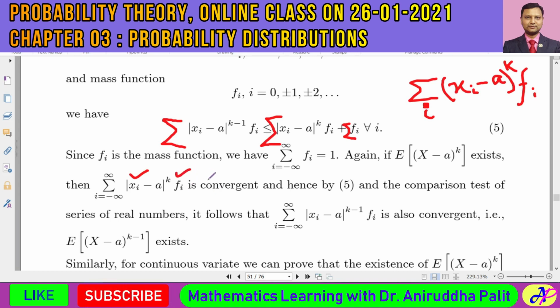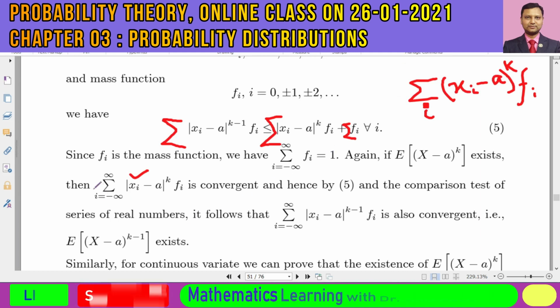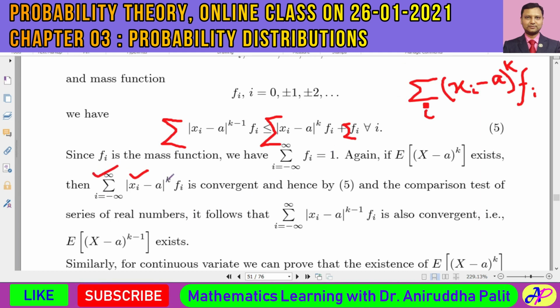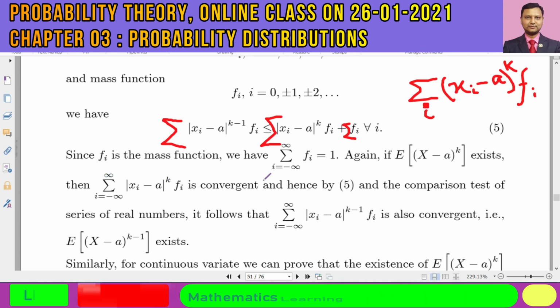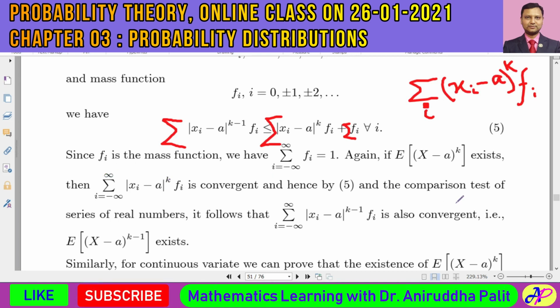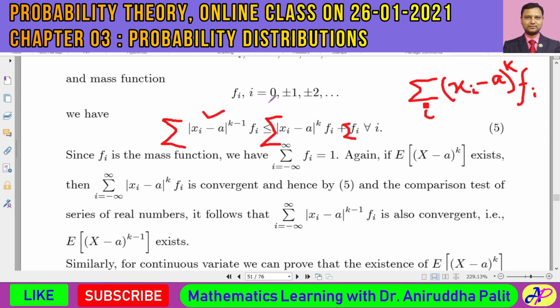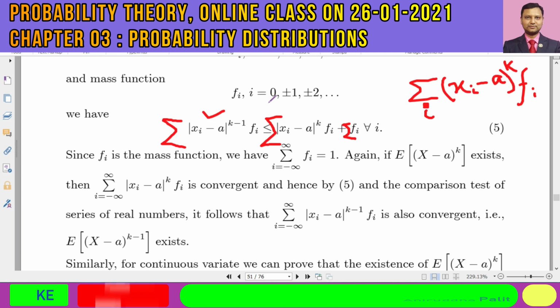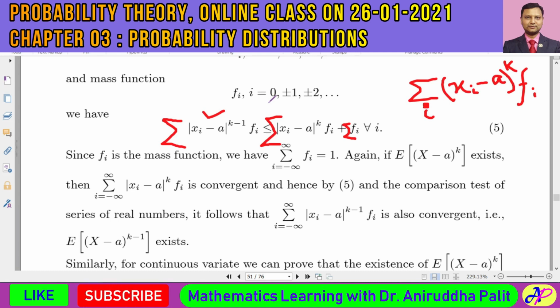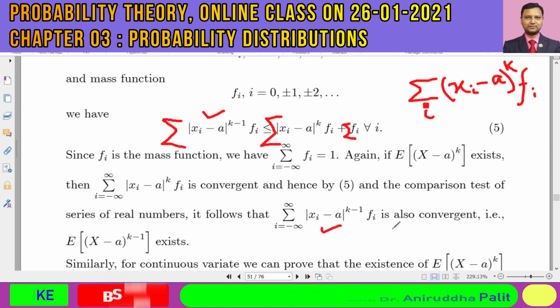So we can remove that modulus from fi, and then we will have this kind of series. So this series is absolutely convergent. It means that this series is also convergent. And therefore by the comparison test of real numbers, we can say that this left hand side series is also convergent.